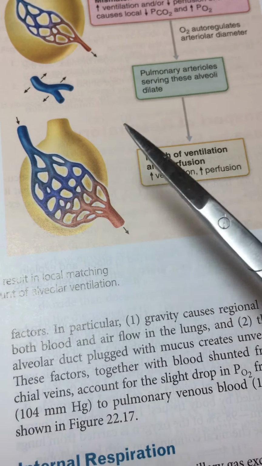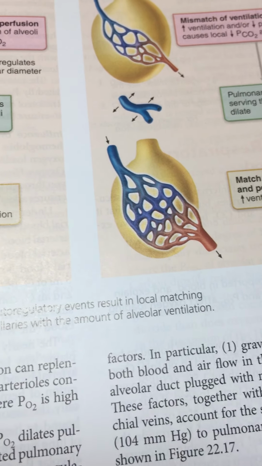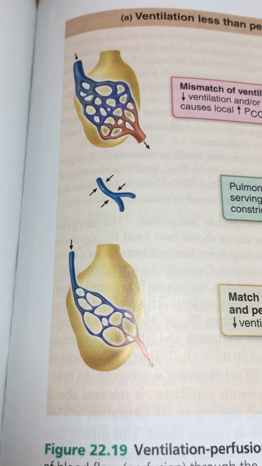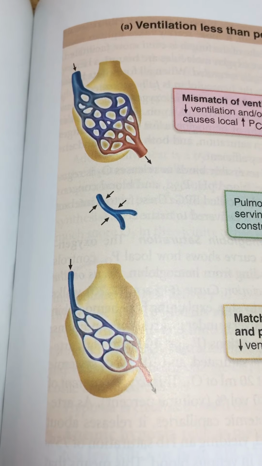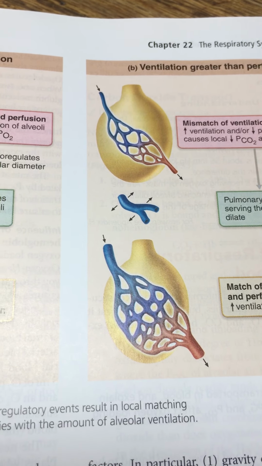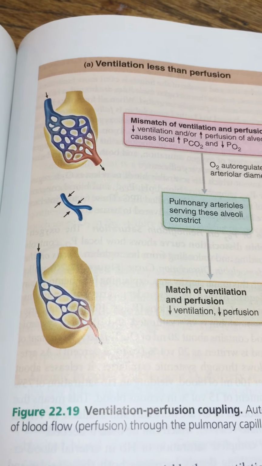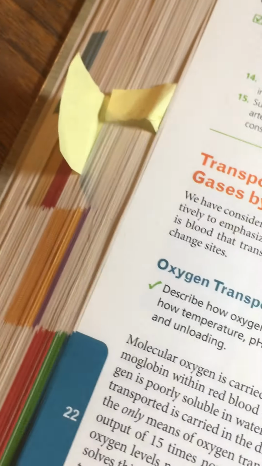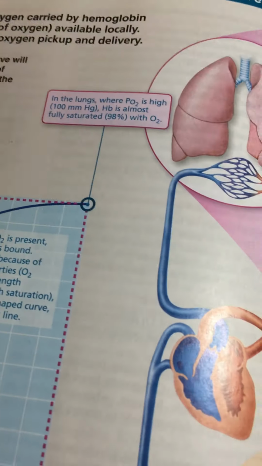If we don't have very much air, then we don't really need to have very much blood flow. So these things need to be coupled, and I need you to take a look at what is going on in this diagram and what's being expressed. Okay, then we press on to the transport and the nature of how delivery works.